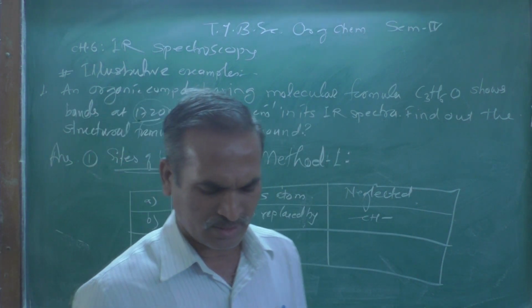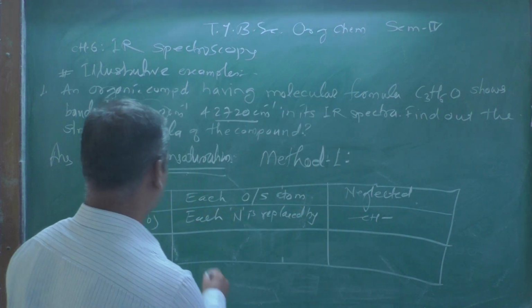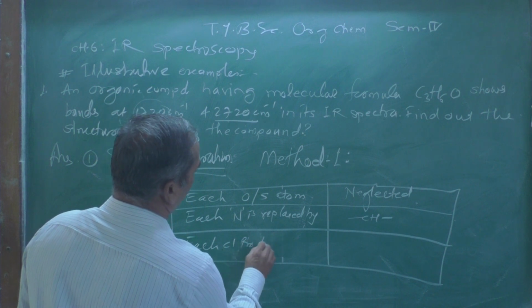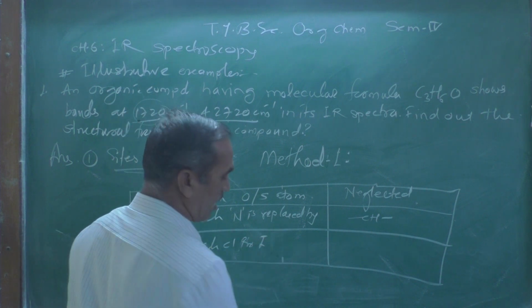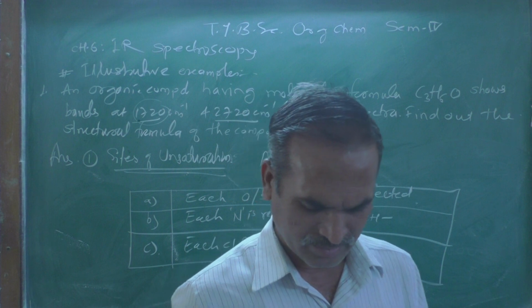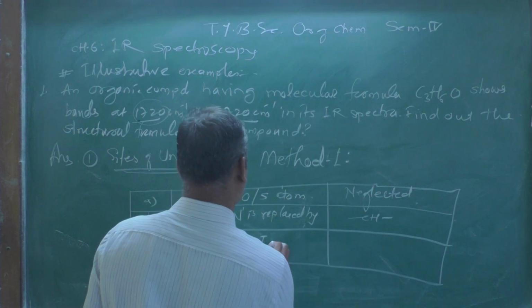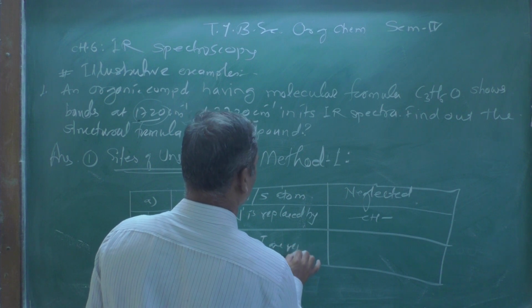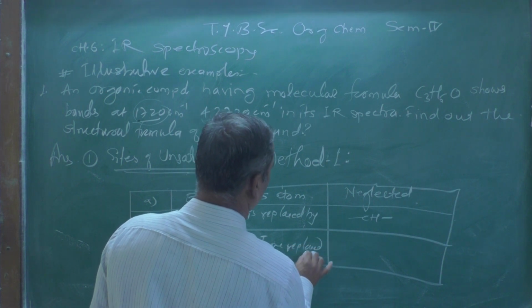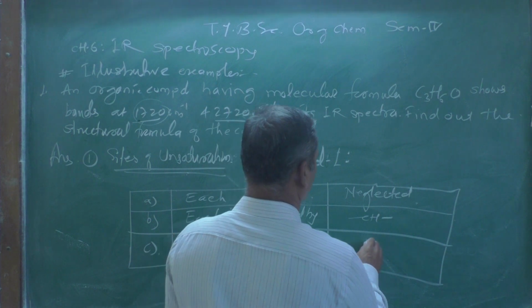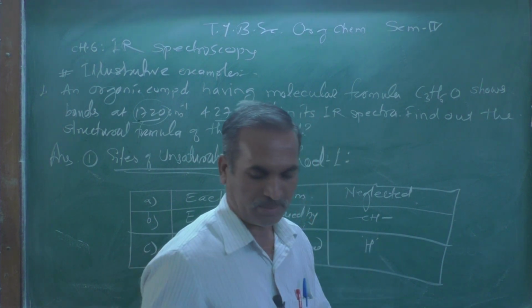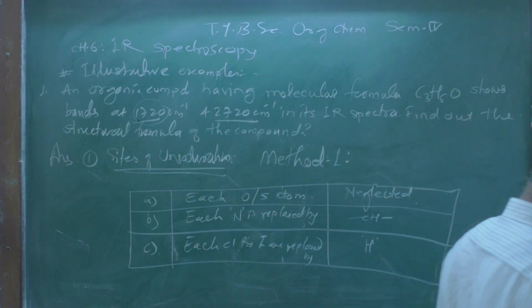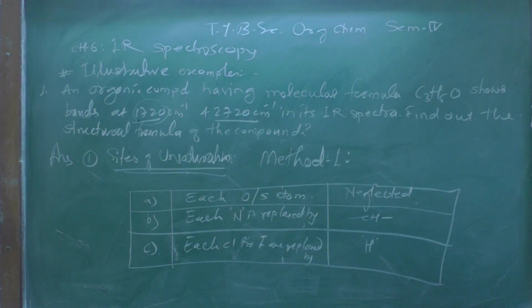Now each Cl, Br are replaced by hydrogen only. Replaced by hydrogen. Understood this one? This is the first method.